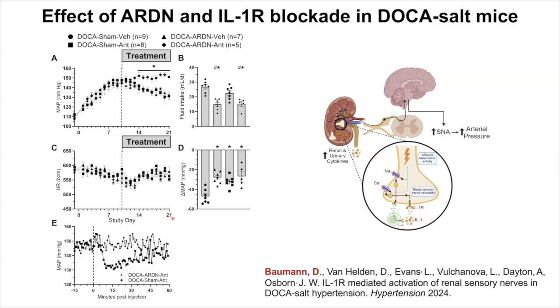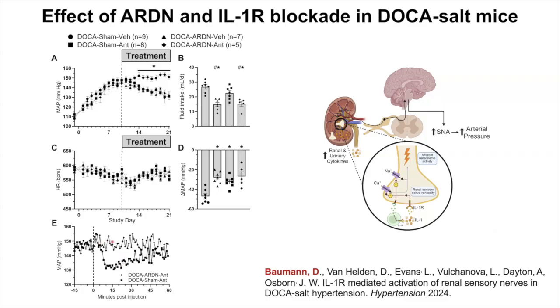nerves. And I want to point out in E here, this is a really important part of this study. This is showing the blood pressure response to blocking the IL-1 receptor acutely in these hypertensive mice. So what you see here, when you give the IL-1 antagonist, you drop blood pressure within 5 minutes and it stays down. That is a very rapid fall in blood pressure, which means either you're blocking a neurogenic mechanism or a vasodilator mechanism, for example.